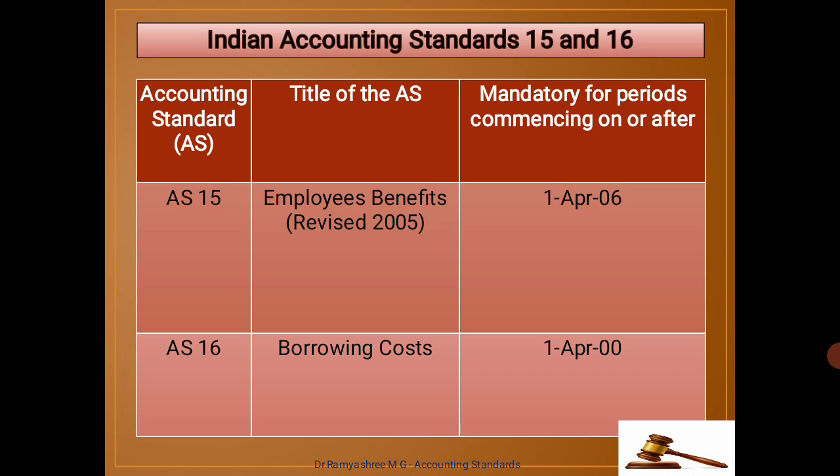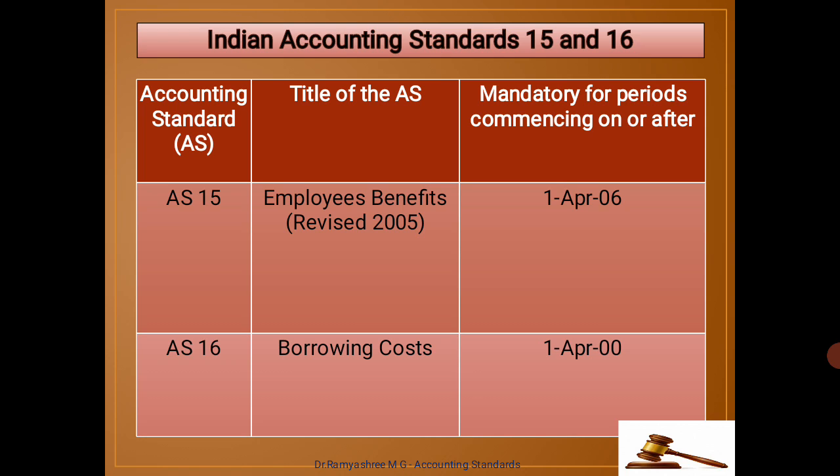The financial statements should disclose the method by which the retirement benefit cost for the period has been determined. In case the costs related to gratuity and other benefit schemes are based on actuarial valuation, the financial statements should also disclose whether such valuation is made at the end of the period or at an earlier date, and also the date of such valuation.